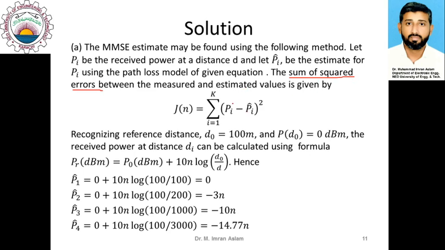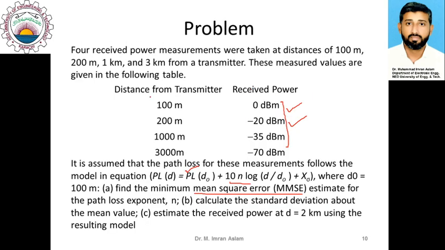So there are 2 powers at each distance. Which 2 powers? First one is the power that we get from the measured value. So this is first power, and second would be the power which is represented by this formula here. So there are 2 different types of powers.